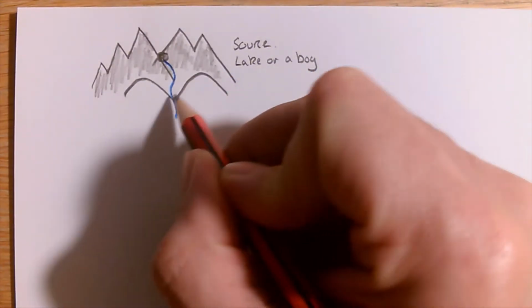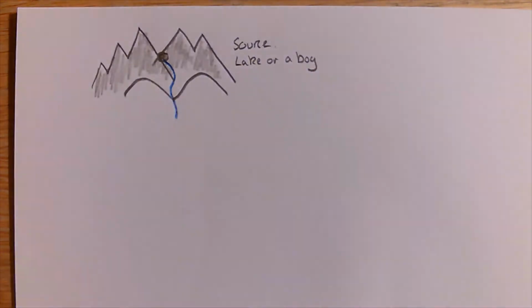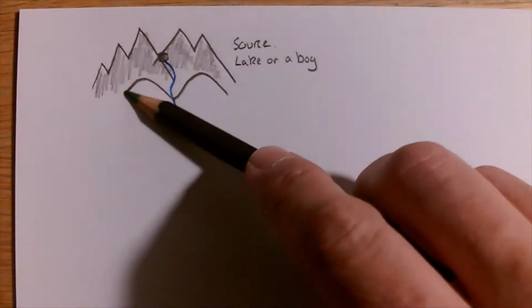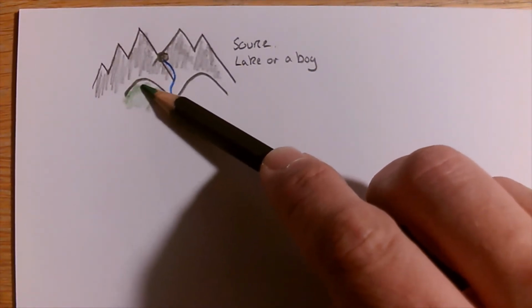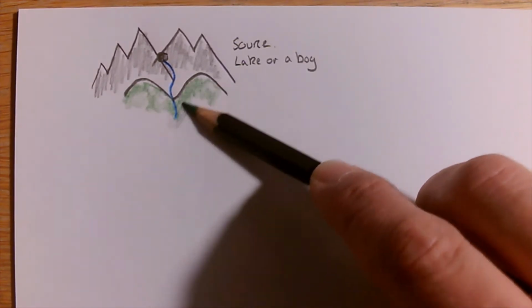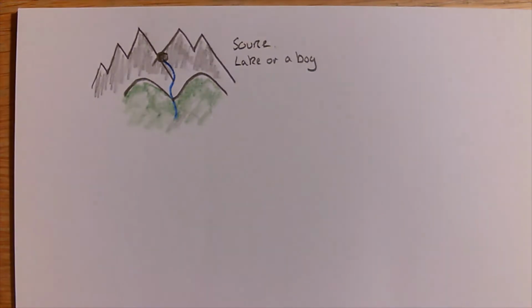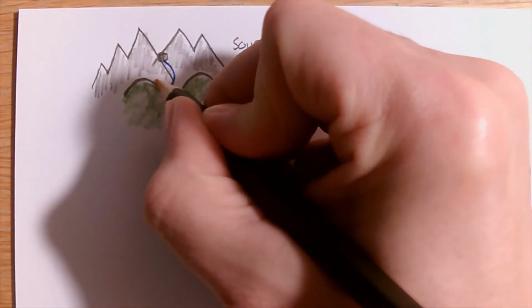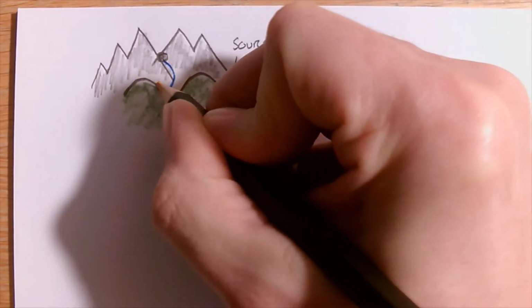So you can see here, it begins to form these valleys. Here's my hillsides. The river is cutting its way between those hillsides. And that valley we call, because of its shape, a V-shaped valley.